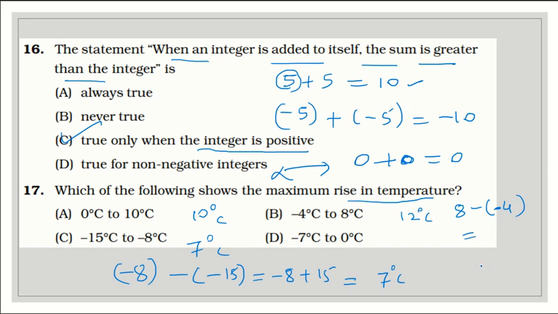Always the minuend should be more than the subtrahend, so you will get a positive difference only. So, that is how we have got it, and here the difference is 7 degrees Celsius. So, amongst them, the greater rise is in B, minus 4 degrees Celsius to 8 degrees Celsius, which is a rise of 12 degrees Celsius.